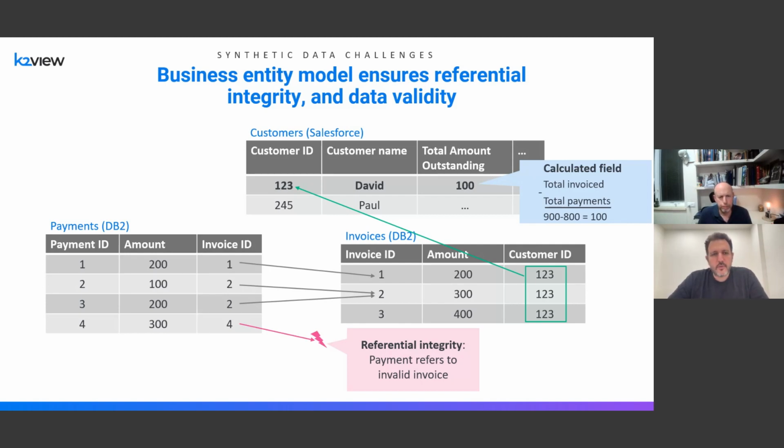Here we have a rule saying the amount of invoices minus the amount of payments is the total outstanding amount, and that's saved in a different system. We have to make sure that the data is valid across systems as well. So it's a combination of strict referential integrity and a wider view of data validity.